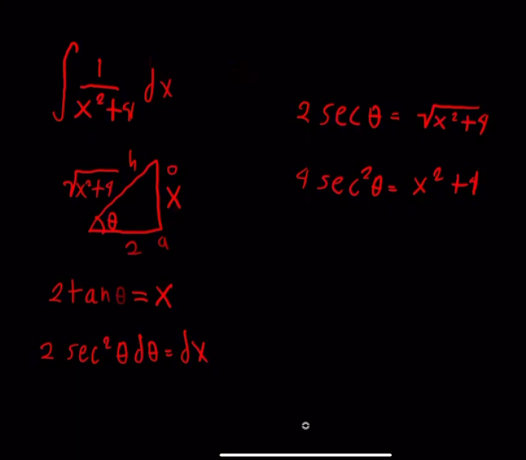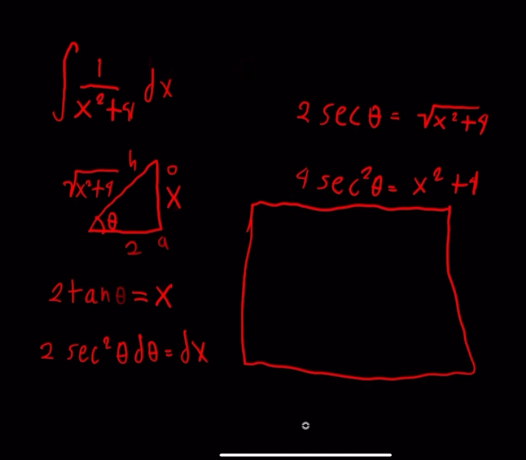So let's rewrite our integral using these two parts. It's going to be the integral of 1 over 4 secant squared theta times 2 secant squared theta d theta.